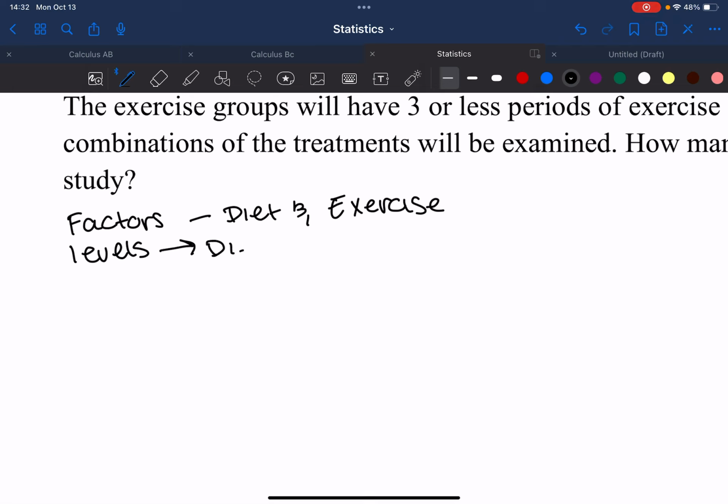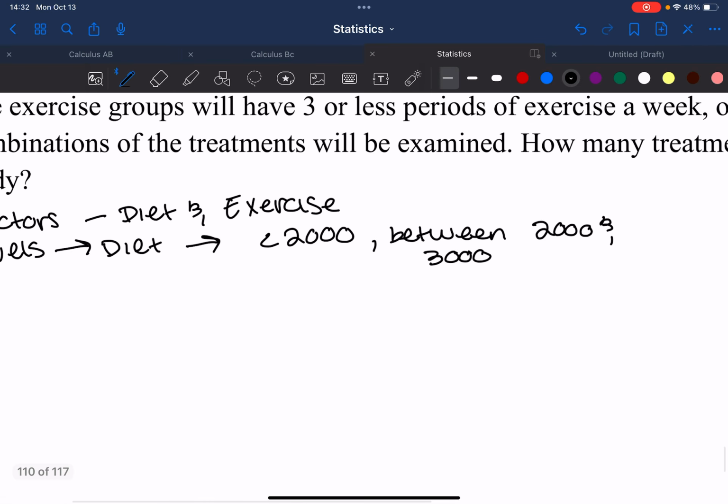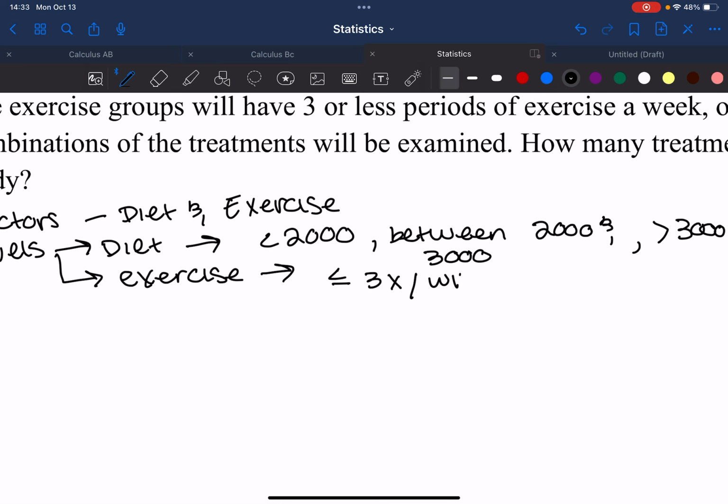So for diet, it was less than 2,000 calories, between 2,000 and 3,000, and then greater than 3,000. And then for exercise, it was less than or equal to 3 times per week and greater than or equal to 4 times per week.